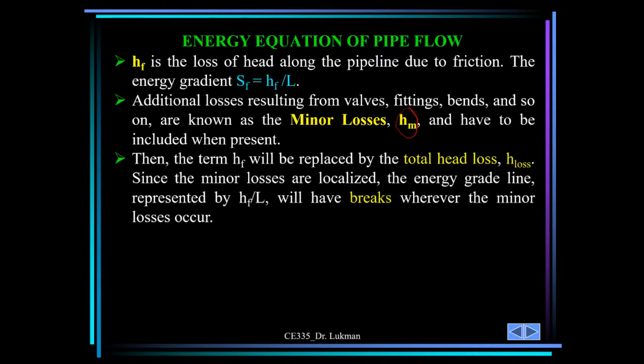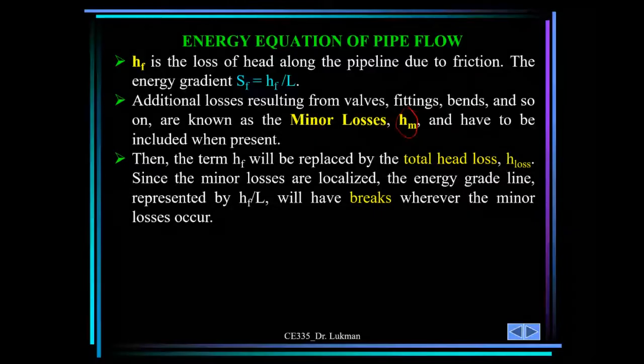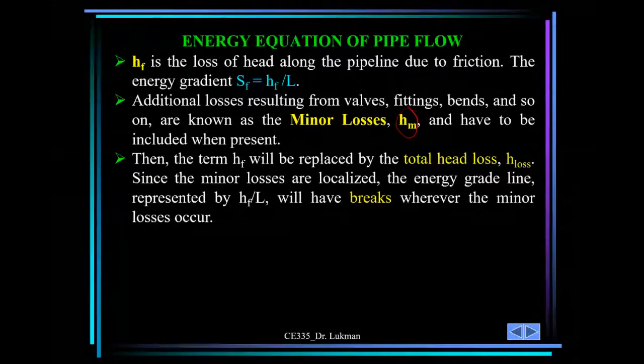Then the term HF will be replaced by the total head loss, H loss, which is simply the sum of the frictional head loss and minor losses. Since the minor losses are localized, meaning they are at a given point, the energy grade line represented by HF over L will have breaks wherever the minor losses occur.